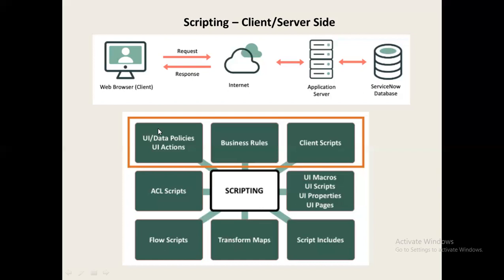When you have created a data policy with the same purpose, it means that whatever way you are inserting data, whether fetching it from an API, exporting or importing an Excel, exporting or importing a JSON file, or doing it from any integration, if you have applied a data policy, then that policy will restrict the data from all the sources. From wherever the data is coming in, it will restrict it. In case of a UI policy, it is more for the user interface where you are actually restricting that information.